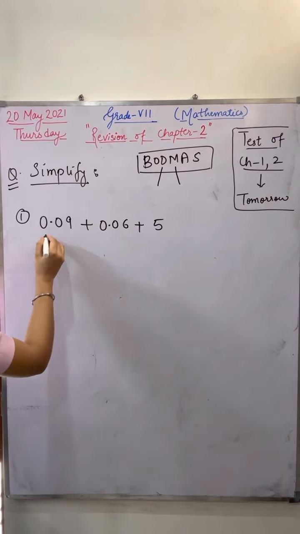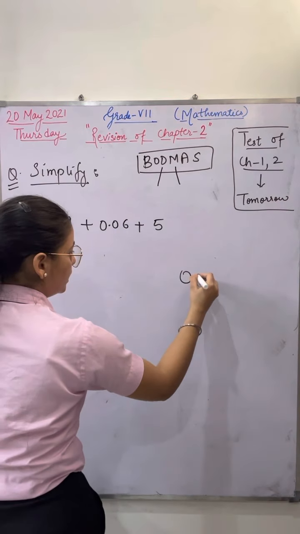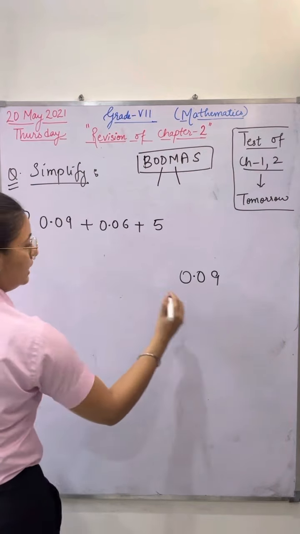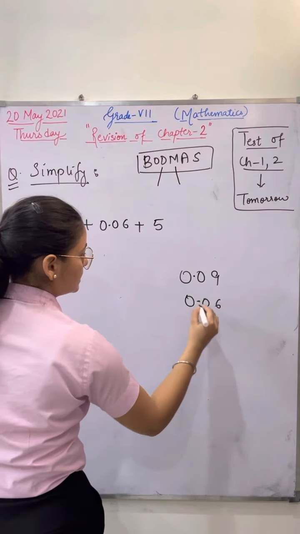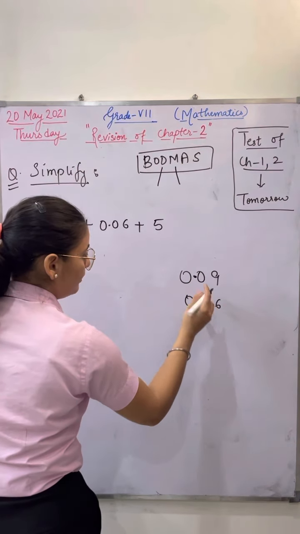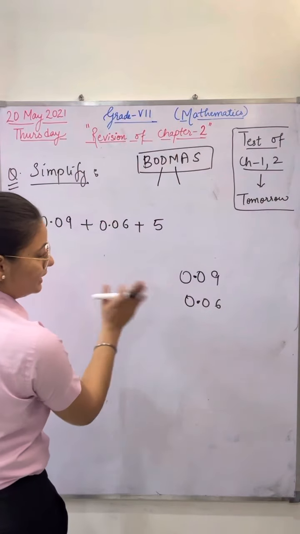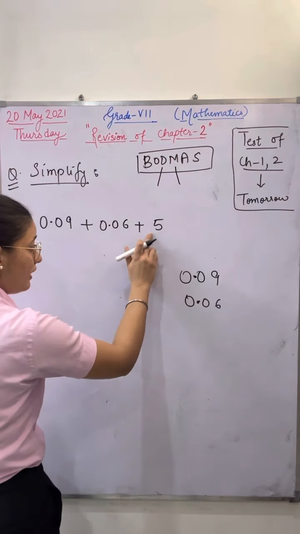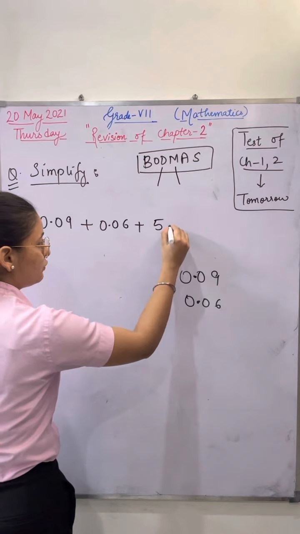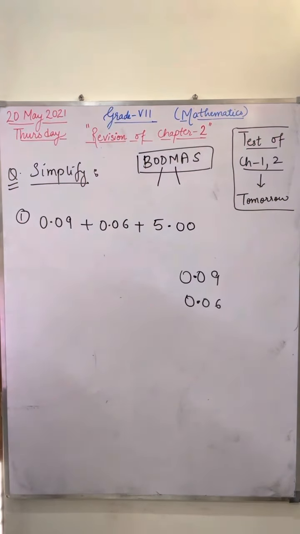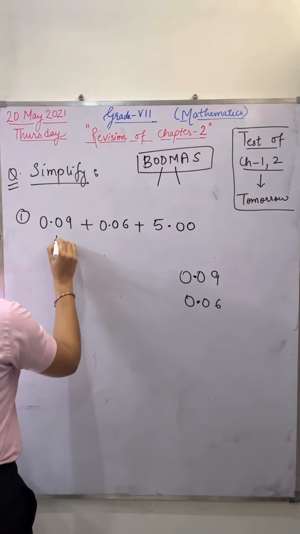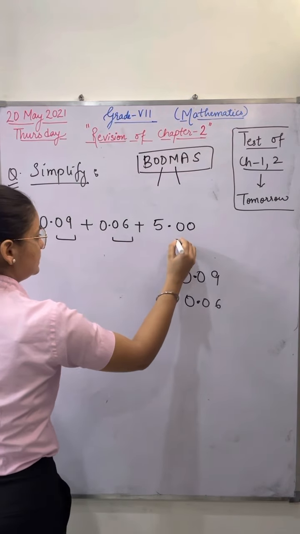Very easy. Now see, 0.09, 0.06. Wherever they are having decimals, add it down. I have to write same as it is. This is 5. 5 means it is 5.00. I told earlier that you have to take all the decimals as like decimals.